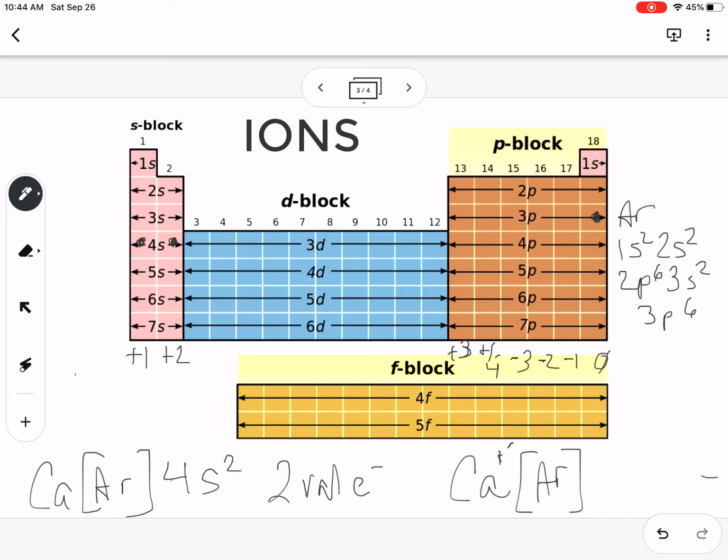So you cannot say the calcium ion's electron configuration is argon. That is not going to work. You then would have to write it all out. So calcium +2: 1s2, 2s2, 2p6, 3s2, 3p6.